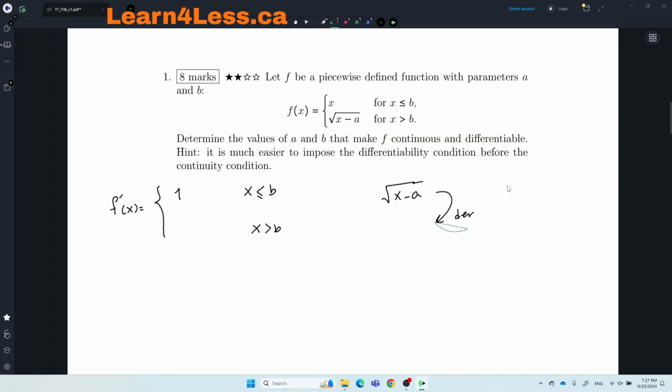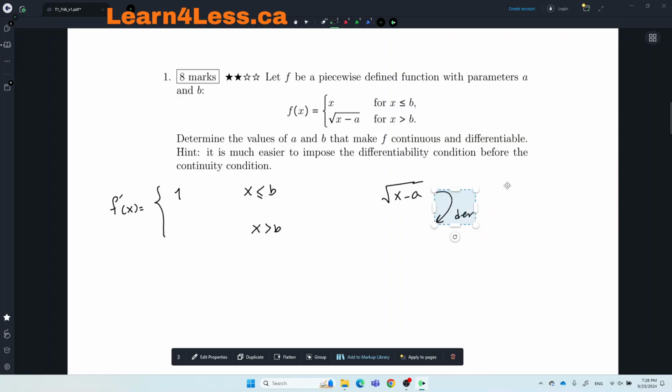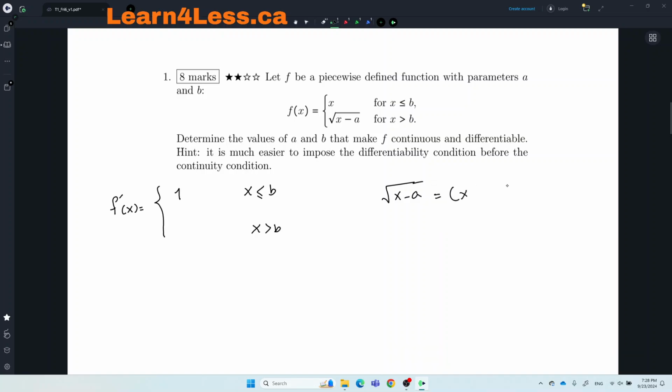So first thing that we can do here is rewrite that as x minus a to the power of half and use the power rule. The derivative of that would be 1 over 2 times x minus a to the power of 1 over 2 minus 1, which is 1 over 2 times x minus a to the power of negative half, which we can write as 1 over 2 times 1 over x minus a to the power of half.